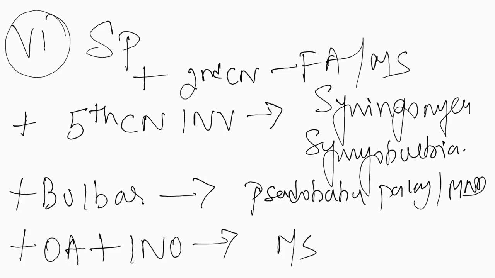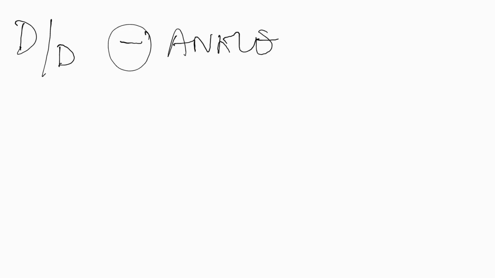All right. Now at this moment you should also know some other findings as well. They will ask you here the differential diagnosis of absent ankle jerk and extensor plantar.